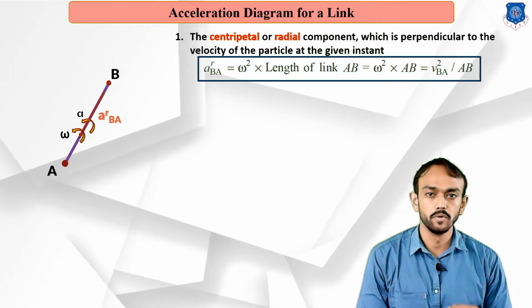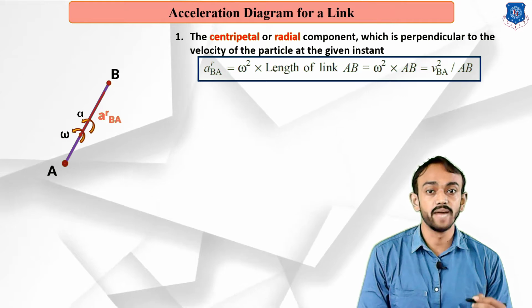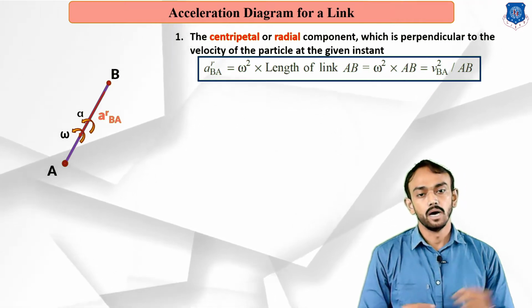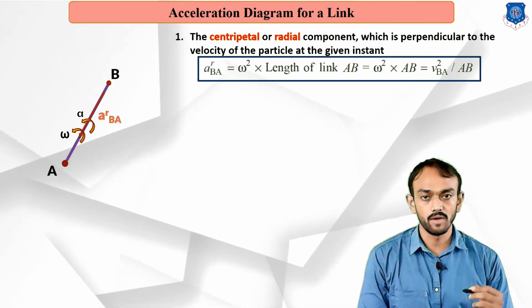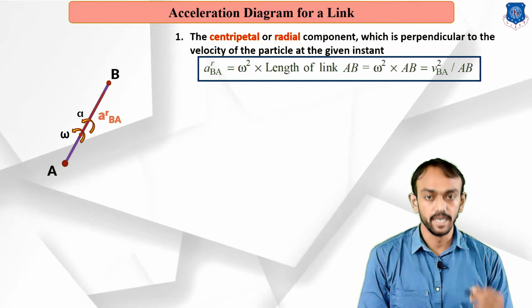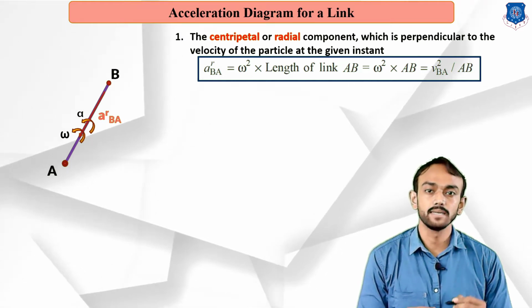But as you know, angular velocity is equal to linear velocity divided by the length of the link. So the radial acceleration of B with respect to A is linear velocity squared divided by the length of the link.